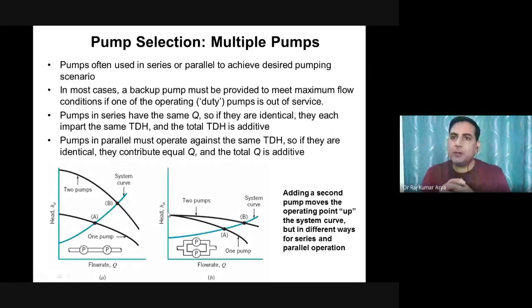So wherever you want more discharge, more mass to be transported, you have to use a parallel combination. Wherever you want more discharge head or transportation height, you have to use the series combination. Fine.